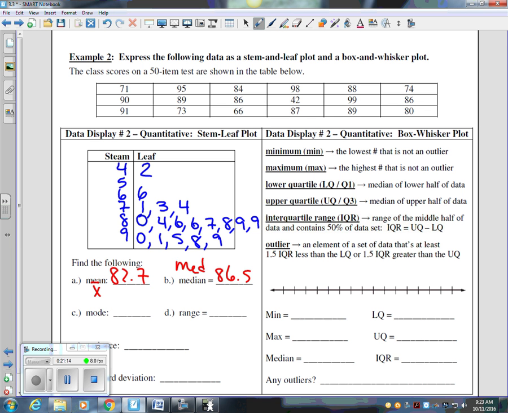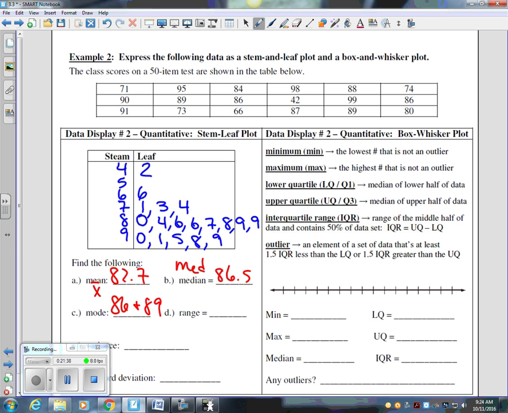No. Is it easier to find the mode looking at this chart or your stem and leaf? Stem and leaf. Which number occurs the most? 86 and 89. So this one has two of them.